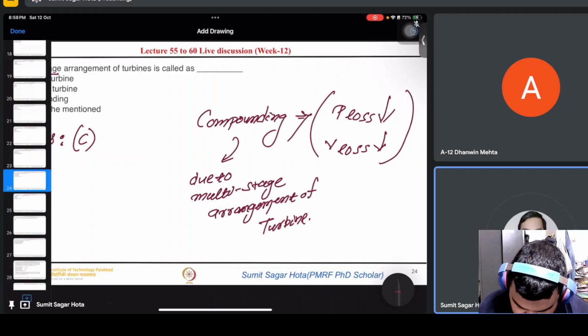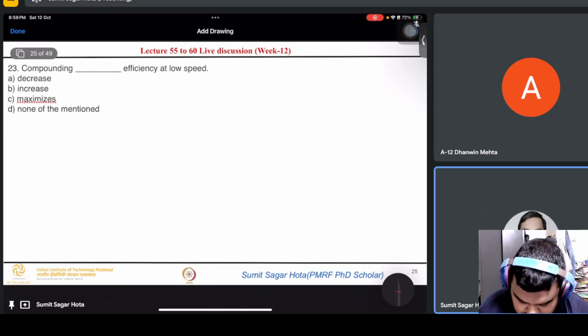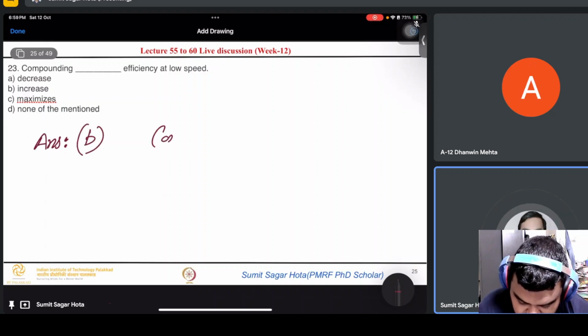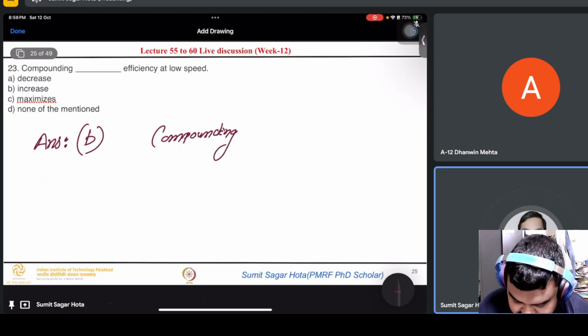This is the very good advantage of compounding. Due to compounding, your efficiency is going to increase at a very low speed, because it reduces the loss at low speed, especially frictional losses.